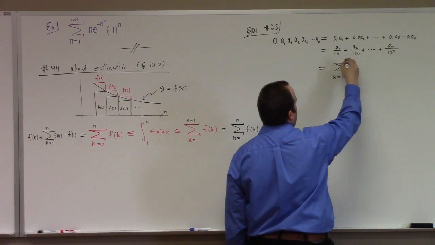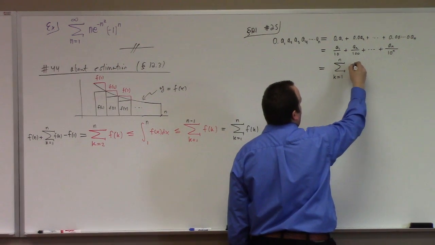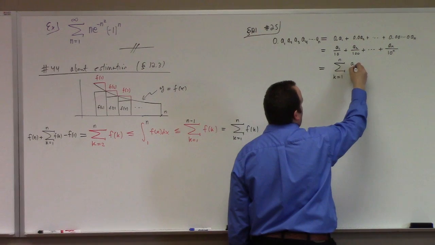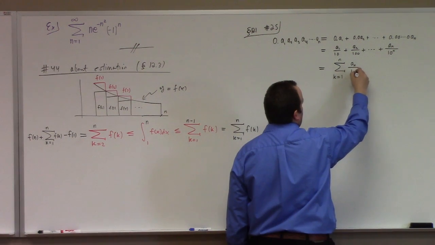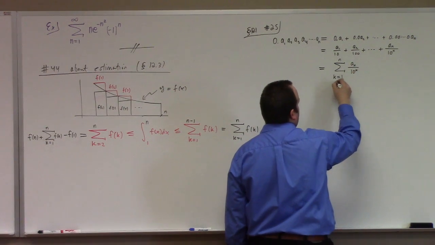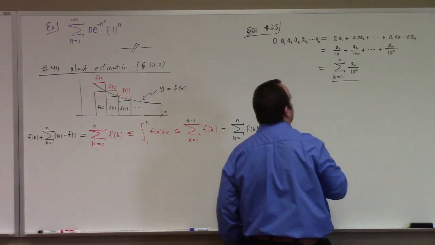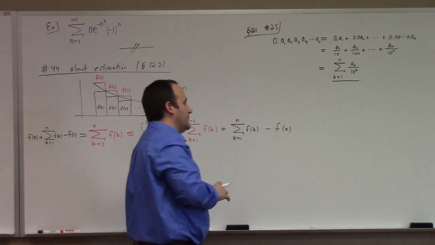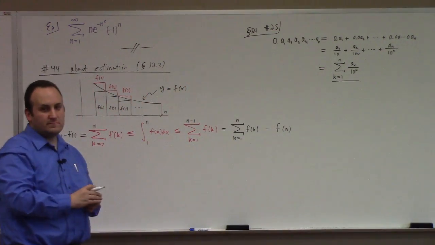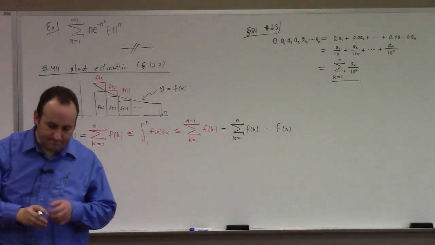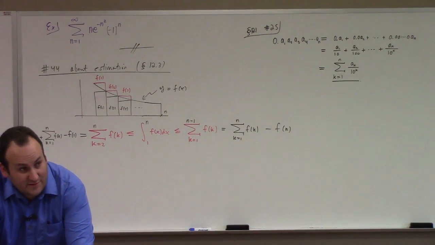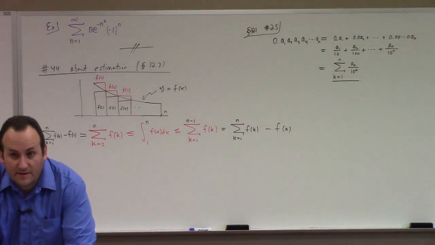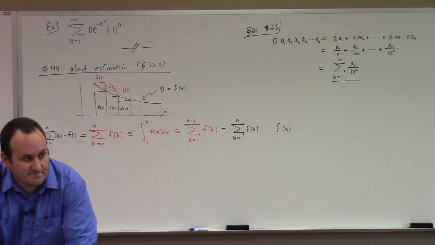Okay, k equals 1 to n of A sub k divided by 10 to the k. So there you go. That's the decimal expansion written in summation notation, or sigma notation as it's called. Of course, as n goes to infinity, you get a series, right? Other questions?